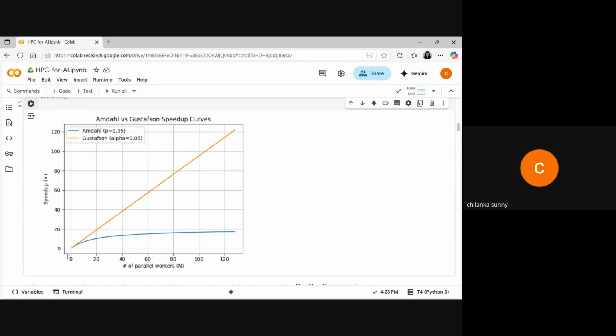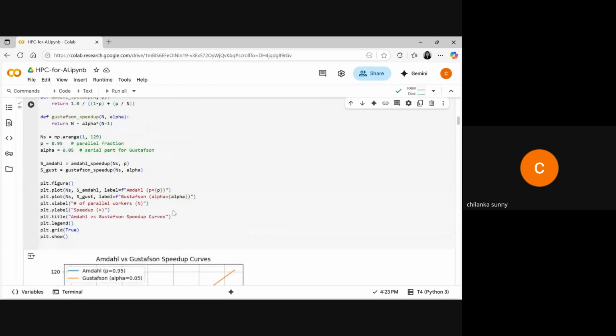Whereas Gustafson corresponds to weak scaling, where as we increase the number of parallel workers or devices, we are also increasing the data size. So it is scaling near linearly. We see a linear progression in Gustafson. As we add more nodes, the speedup also increases proportionately.